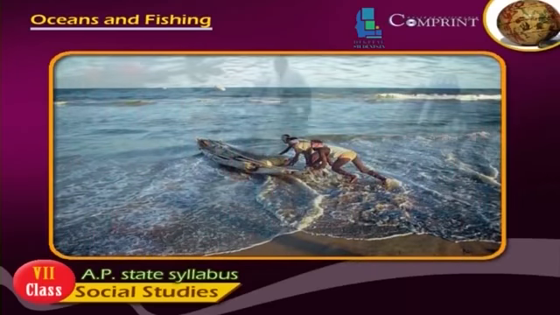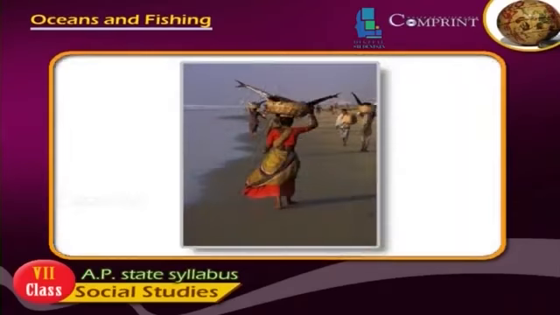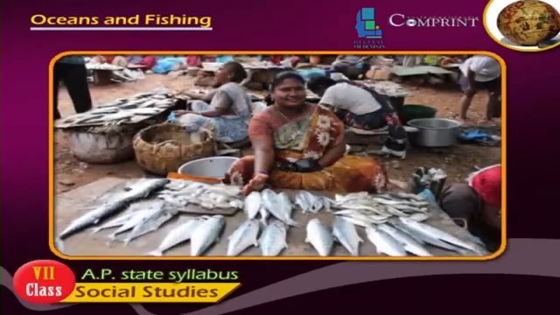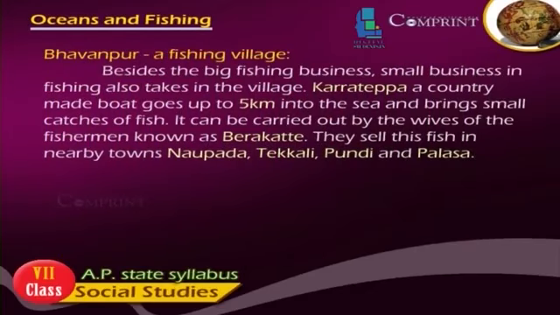Karrateppa, a country-made boat, goes up to 5 kilometers into the sea and brings small catches of fish. It can be carried out by the wives of the fishermen, known as Berakatte. They sell this fish in nearby towns Naupada, Tekkali, Pundi and Palasa.